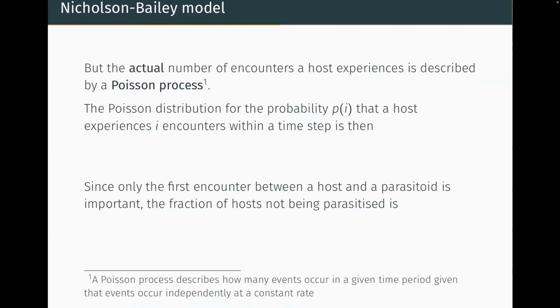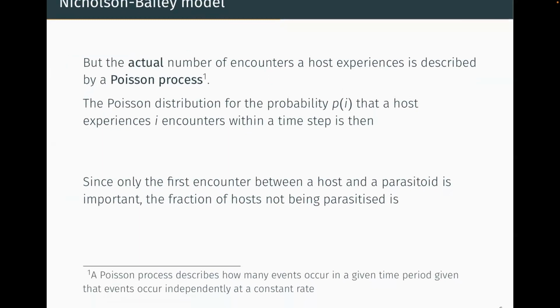So what does this look like? Well, a Poisson distribution with probability P_I is telling us a host experiences I encounters with a parasitoid within a time step.